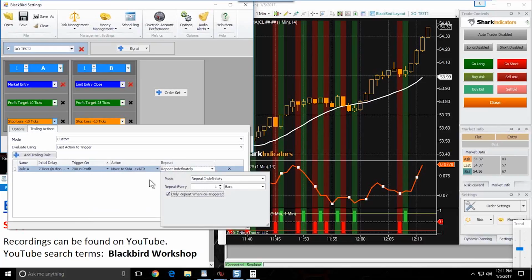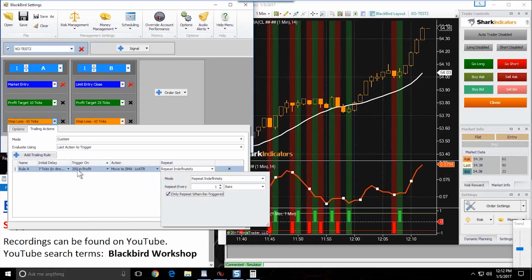So the profit for this order set has to be above $200 so that it re-triggers. We're looking for the trigger to re-trigger, which means the profit has to be above $200 in order to re-trigger. And then we can repeat the action. Basically, we can move the stop loss. The stop loss can be moved again, or the action can happen. The action will occur.